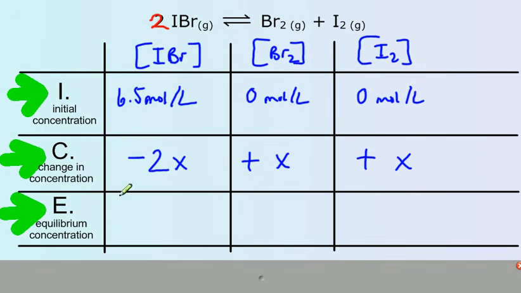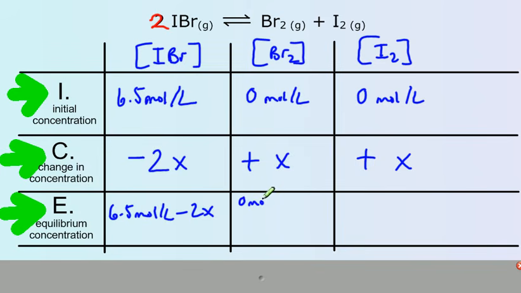Finally, for equilibrium concentration, here we have 6.5 moles per liter minus 2x. If we can figure out what x is, we can figure out what the final concentration of IBr is going to be, because this concentration is going to decrease as the reaction goes forward. For bromine and iodine, the final concentration is equal to 0, the initial concentration, plus x, which is equal to x.